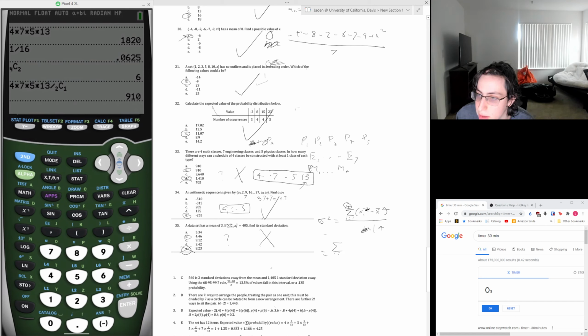So if we multiply that out, we have the sum from i equals 1 to 14 of xi squared minus 2 times xi times the mean plus the mean squared, all of this over 14.